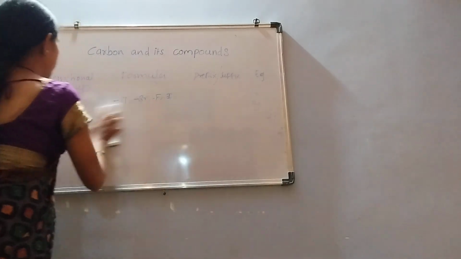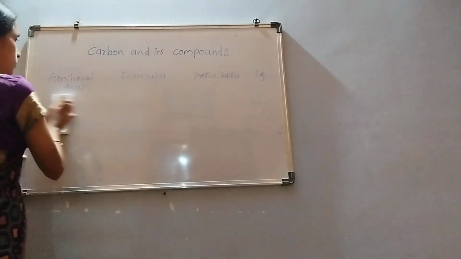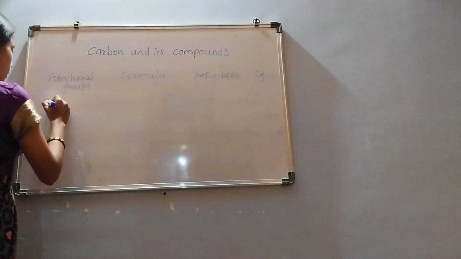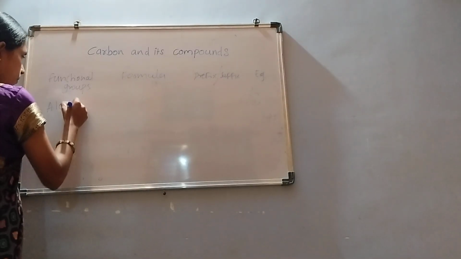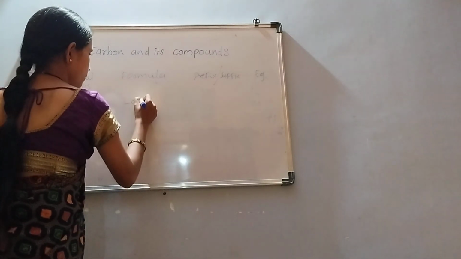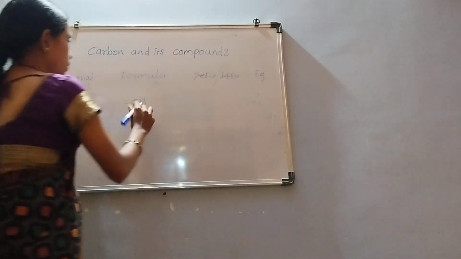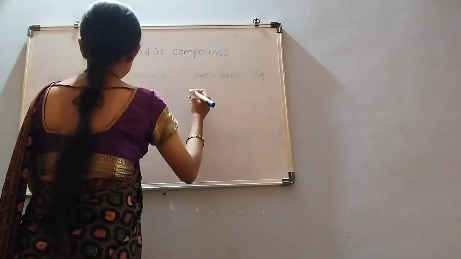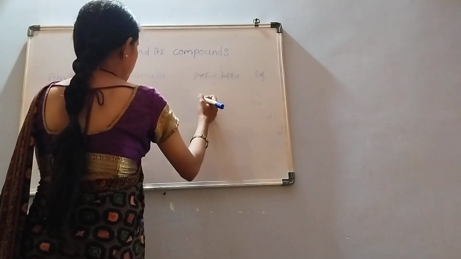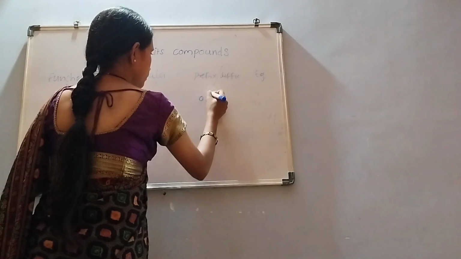Alcohol functional group formula is OH. Example, alcohol OH, and its suffix is OL. For example we can take methanol.